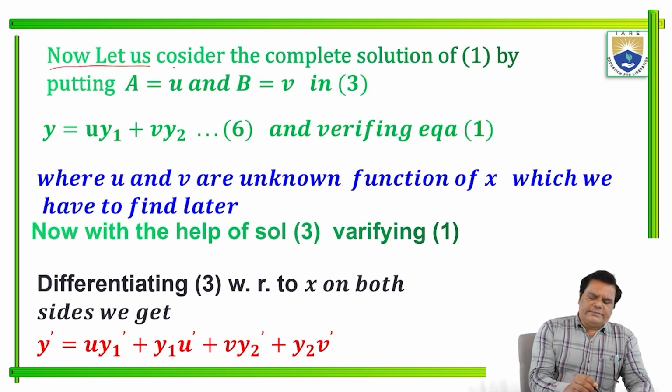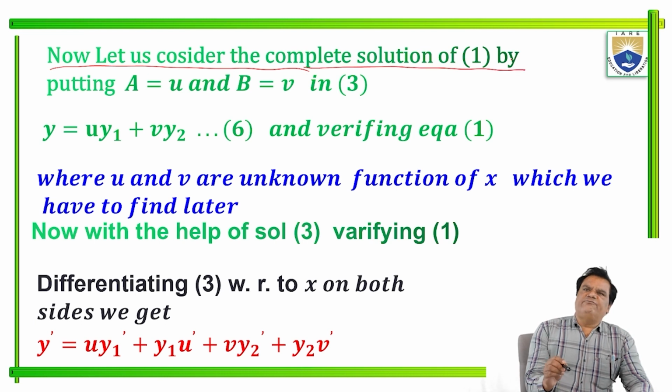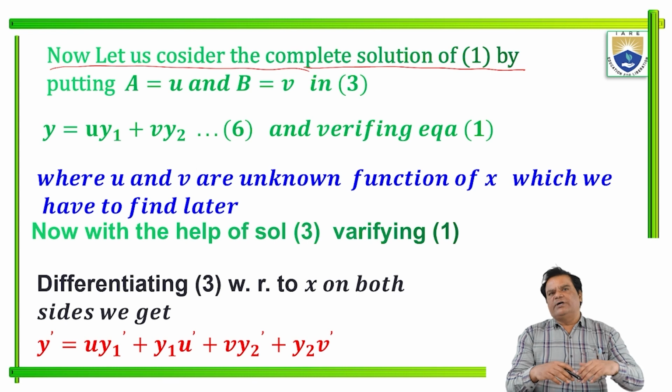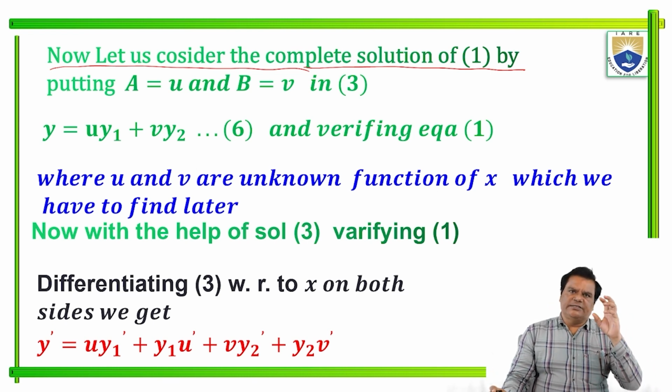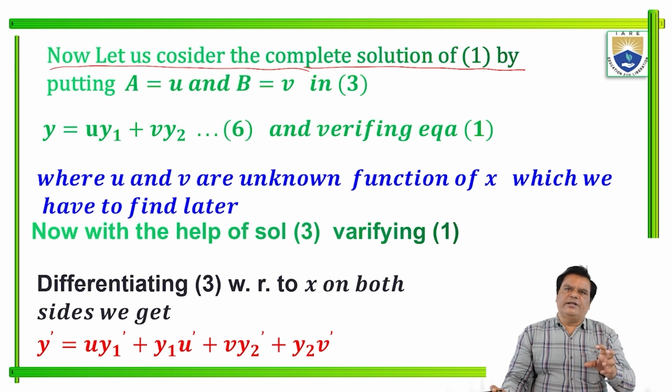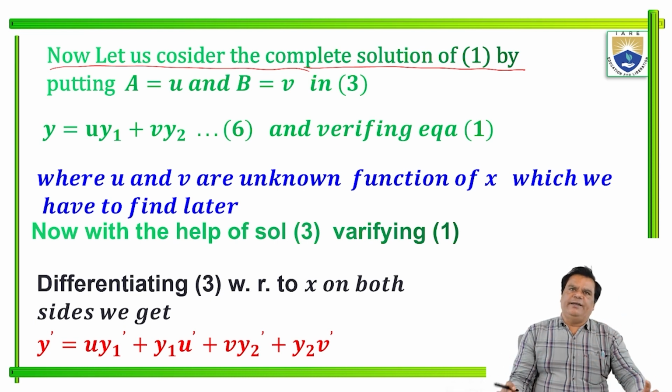So now let us consider the complete solution of equation 1. Now we want to consider the complete solution, not only the complementary function. There is the complementary function plus the particular integral, both combined here.